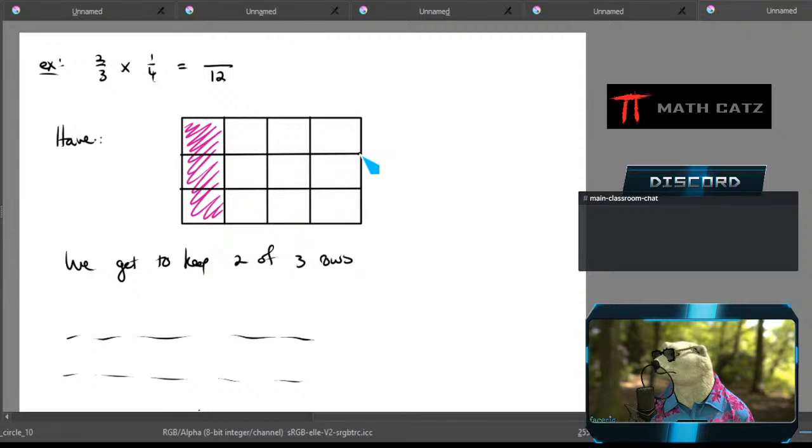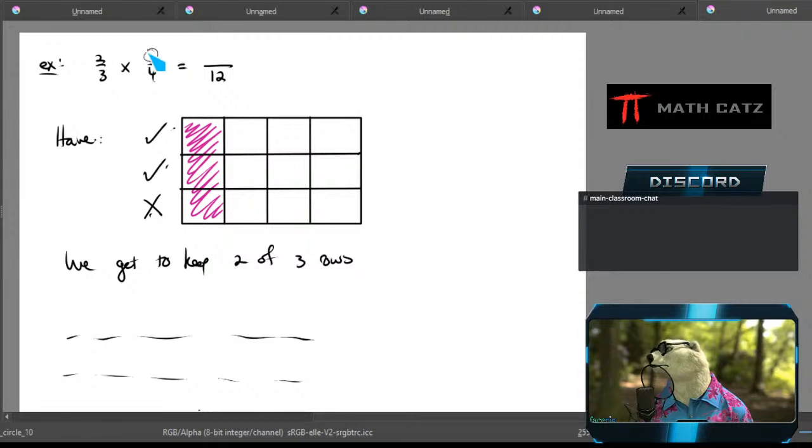Now, how do I get the numerator? Well, we get to keep 2 of the 3 rows. So we said yes, yes, no. So now, if this was maybe bigger, I would have more pink.